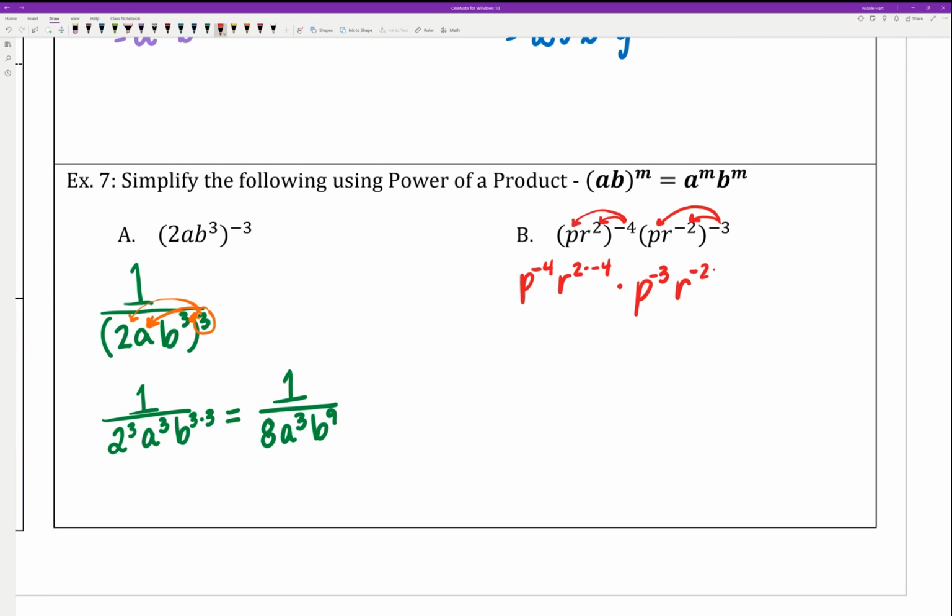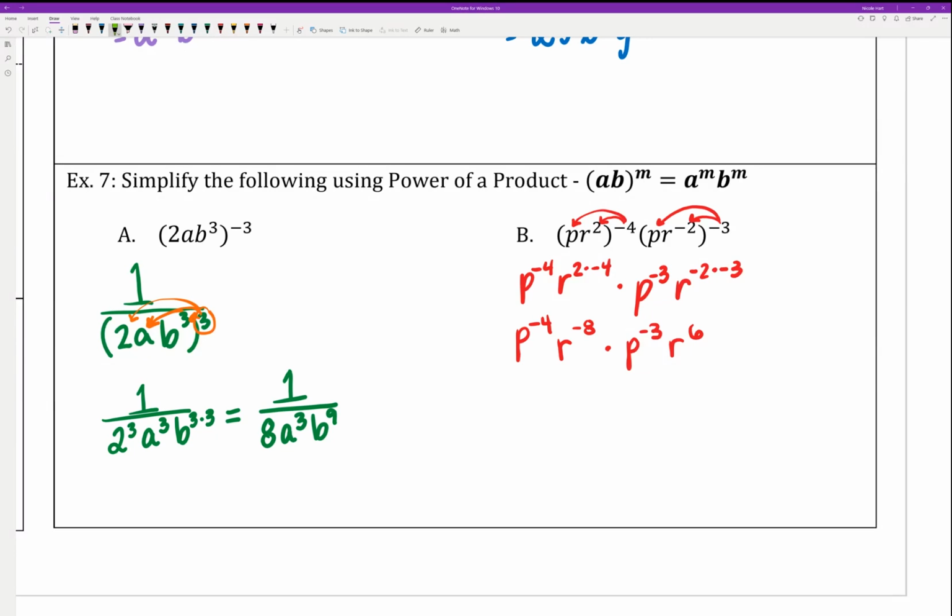So r to the -2 times -3. And we're going to go ahead and simplify some of these, the multiplication of exponents, to help us determine if these are still negative exponents or if they turn into positive exponents. So we have p to the -4, r to the power of 2 times -4 is -8, times p to the -3, and r to the -2 times -3 is a positive 6.